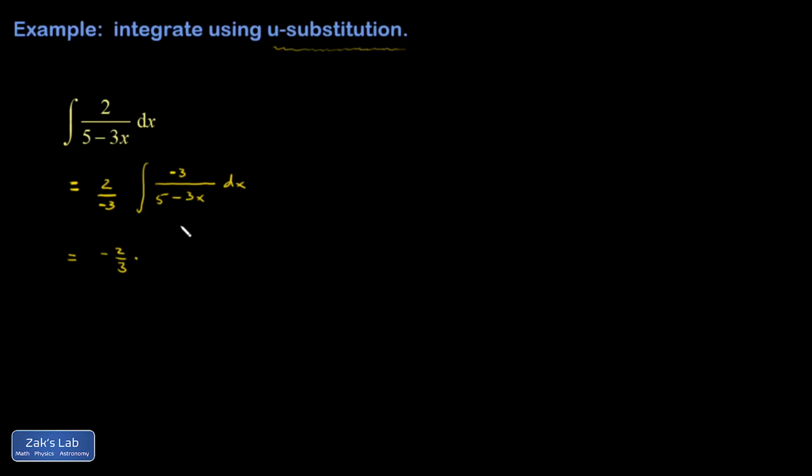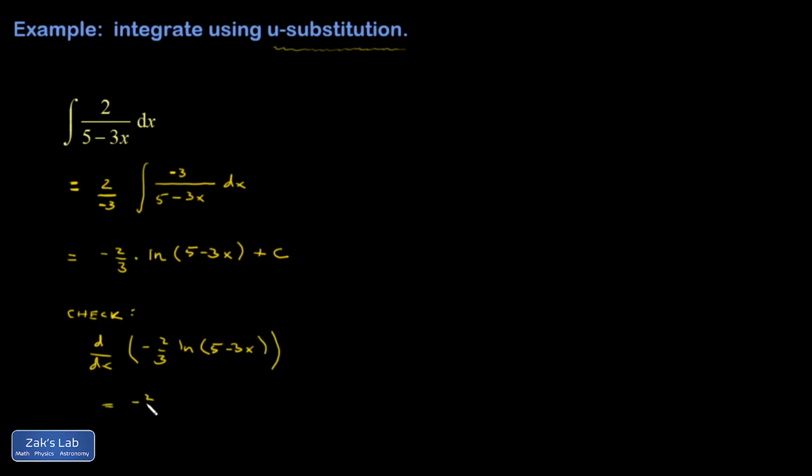And so I get a -2/3. And then the integral of this piece is just the natural log of 5 minus 3x plus c. And then to really get a good intuition for why this is working, you can check by differentiating that expression that we just wrote down. d/dx of -2/3 natural log of 5 minus 3x.